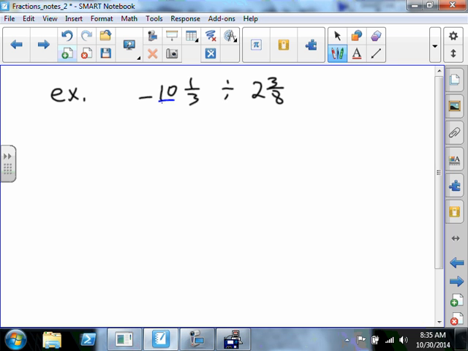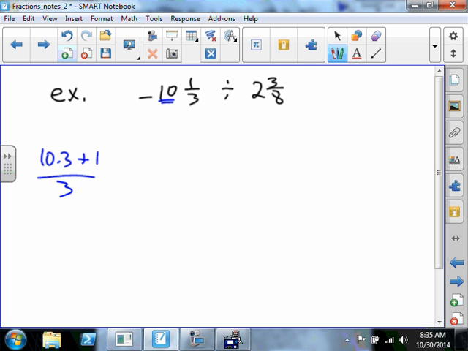We take the whole portion, the 10, and multiply it by 3. So 10 times 3, and then we add the 1, and that's all going to be over 3. If you ever have a negative, you got to forget about the negative for a second, because if you include the negative when you make that conversion, you're going to mess that up. So be careful with those.